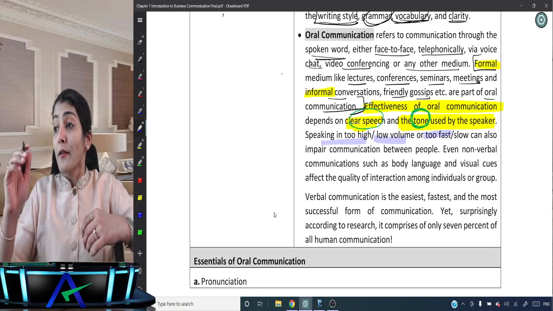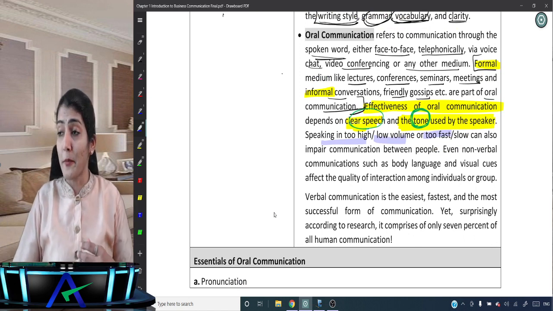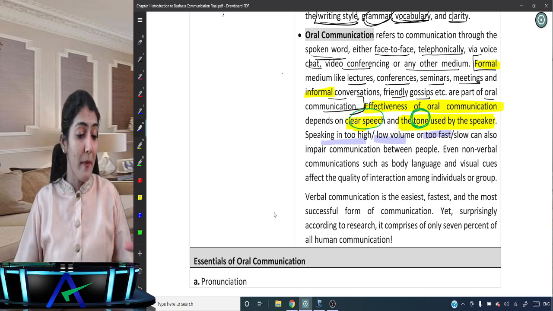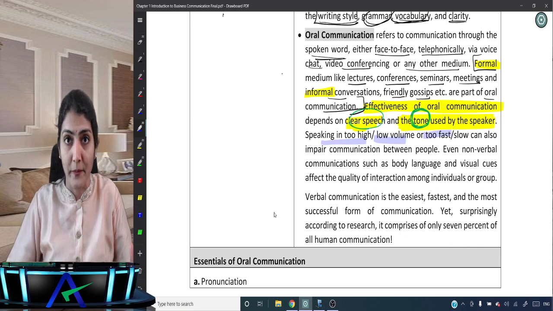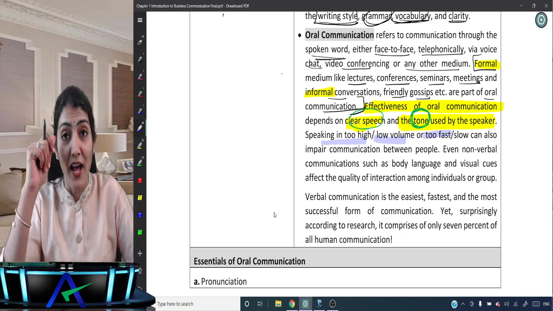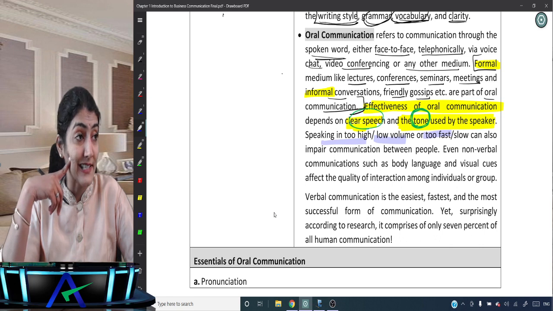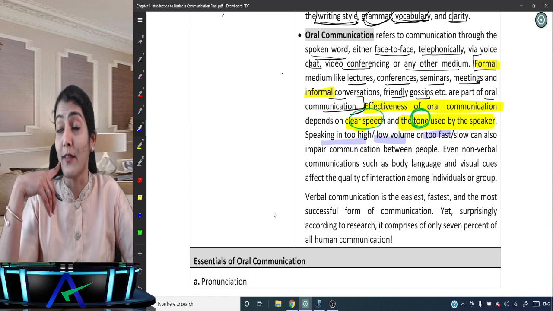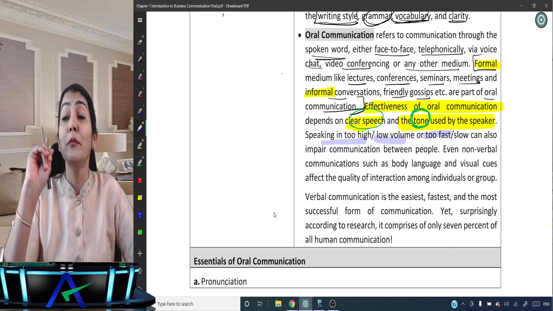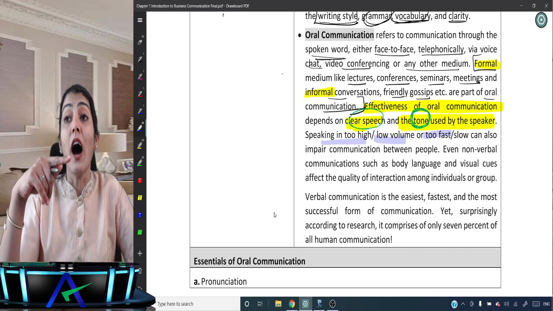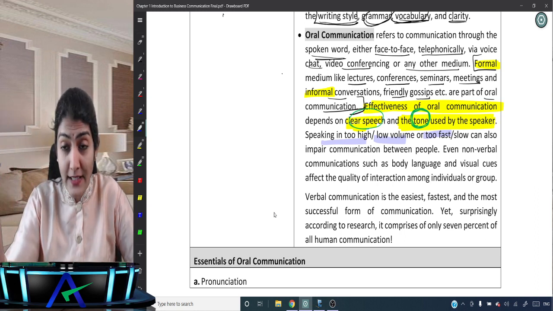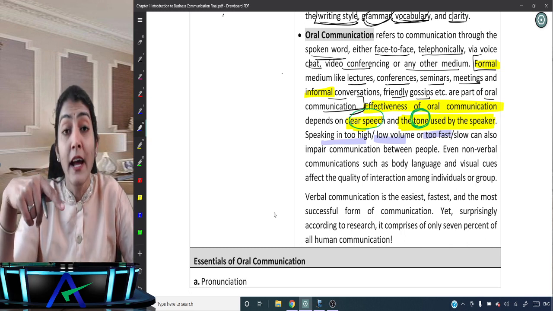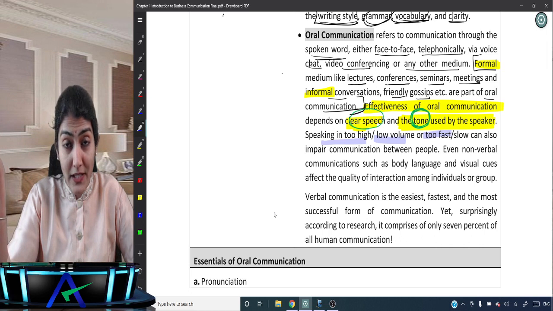Okay, so now we've studied the principles of effective communication, and after principles we'll be discussing the types of communication, and after types of communication we'll discuss the barriers and how to overcome the barriers to communication, and that will complete the discussion of the chapter. So far we have completed the discussion regarding the principles of effective communication, and now we have started discussing the types of communication.